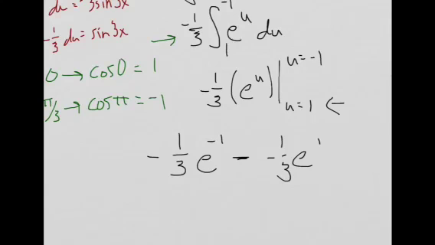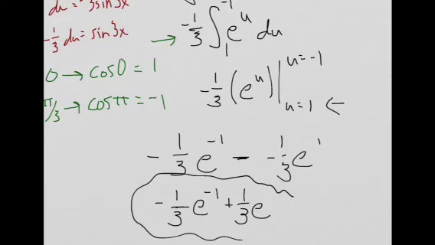The way I think they would write this on an AP test, if it was multiple choice, I don't know. They might write e to the negative 1 plus one-third e to the 1, or just e. You could write it like that, or you could put the e to the negative 1 on the bottom, whatever. That's the answer.